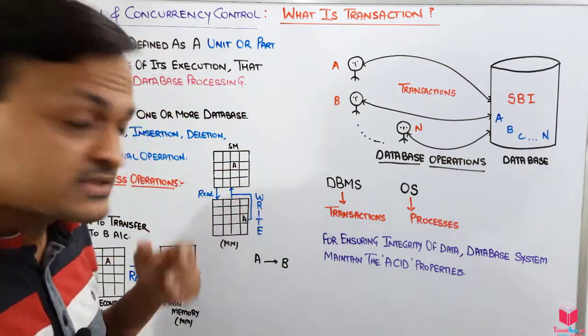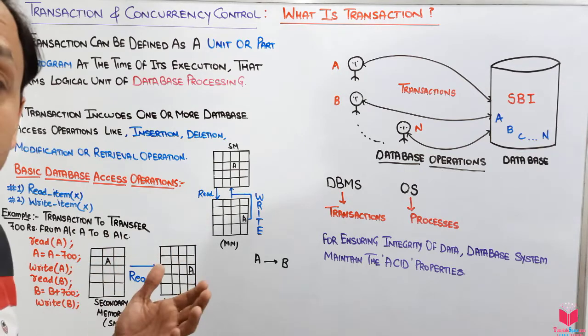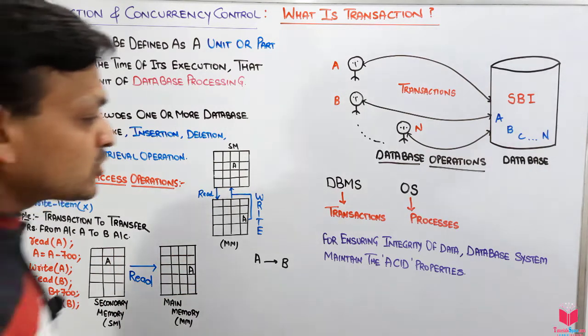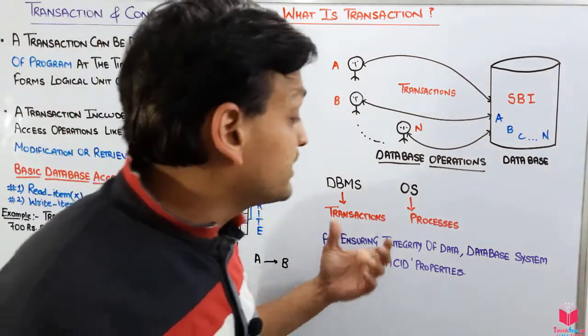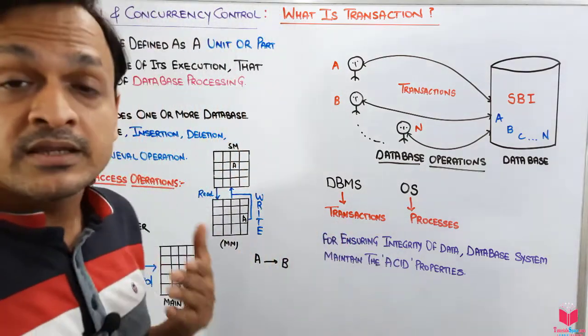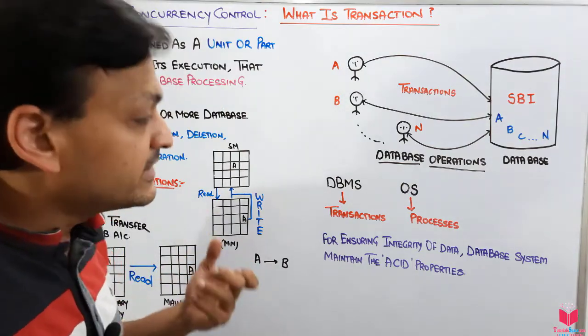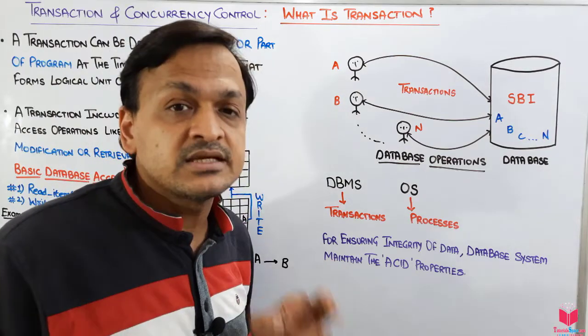But remember, sometimes it happens that money is deducted from account A but not deposited in account B. That kind of problem may occur, or many other problems. So for ensuring the integrity of data, that is, ensuring consistency, accuracy, validity, and integrity, the database system maintains the ACID properties.